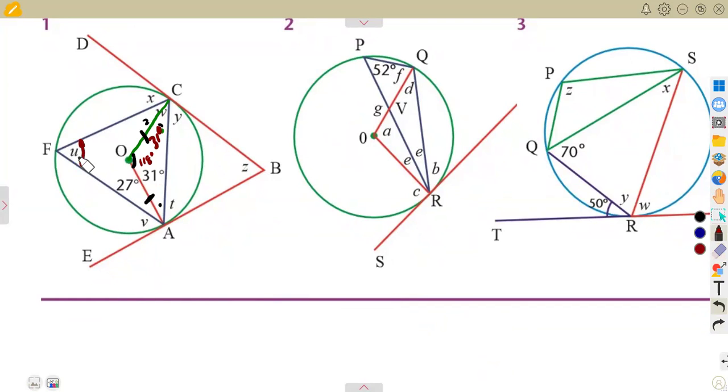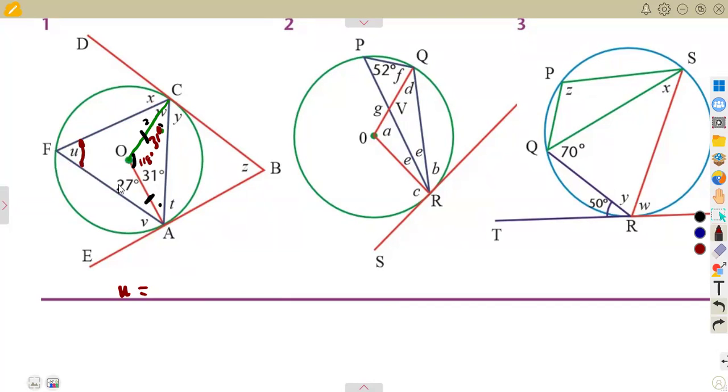All right, so angle U is going to be equal to, remember that if I have a chord like this one, AC, it's creating an angle at the circumference. The same AC is creating the angle at O, and we understand that the angle at the center is twice the angle at the circumference, as long as it is created from the same chord.